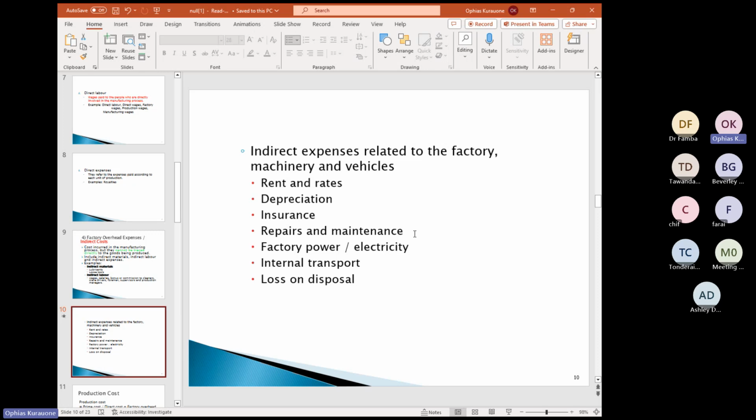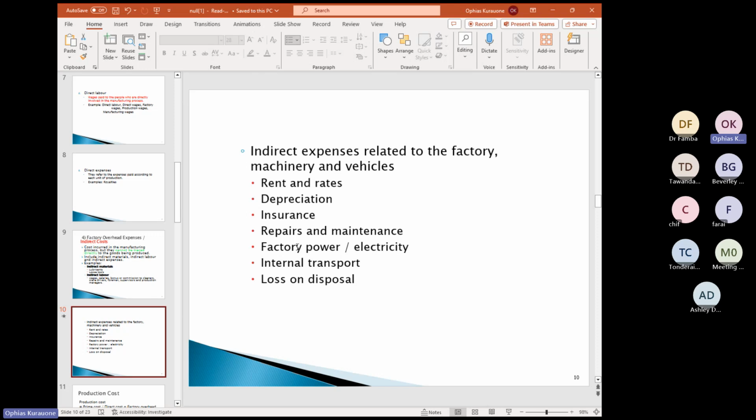The machinery might break down and need to be repaired and maintained so that it does not disturb the smooth production of goods and services.